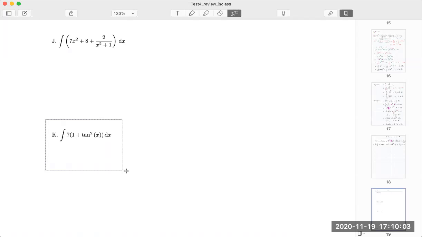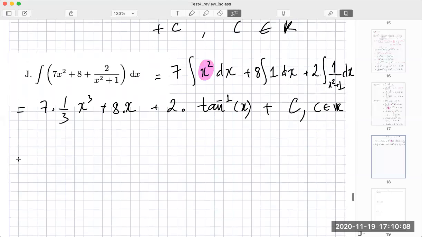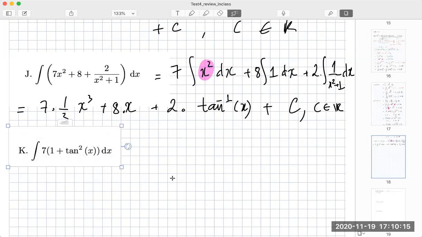Let us continue. Is it clear with the question J? Yes. Perfect. Now, this guy, 7 times 1 plus tangent square. Do you see any formula of this antiderivative? If not, what is your suggestion to solve it?